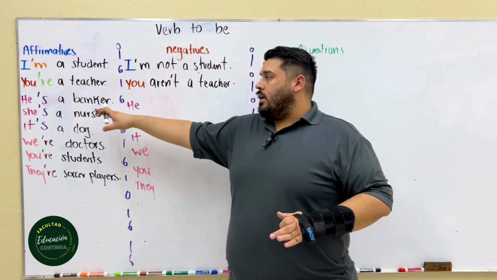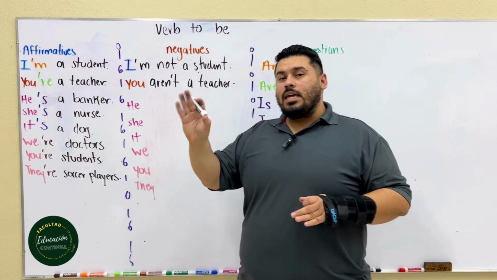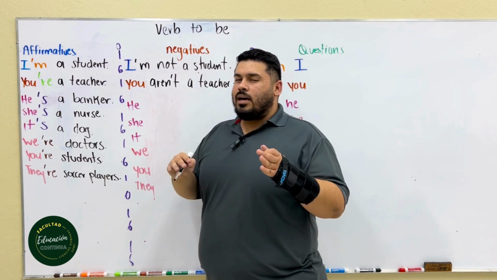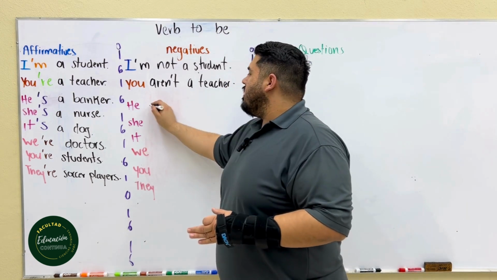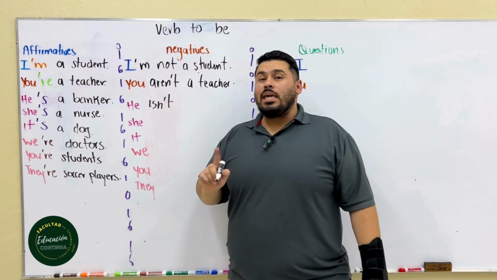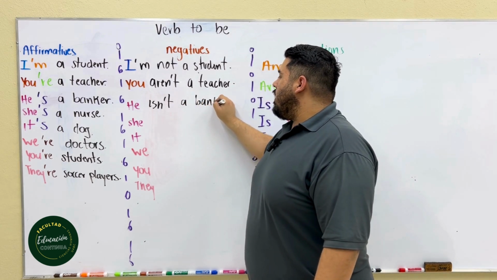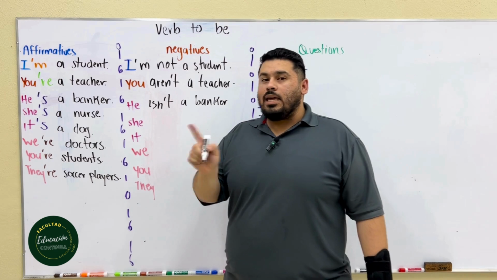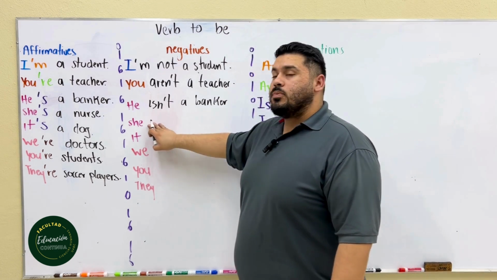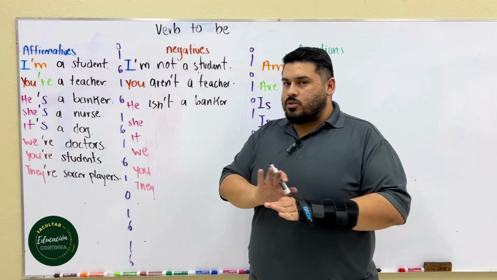Now, he is. In this situation is his. But also we have a contracted way. He is not, he's not, but the easiest way or the fastest way is going to be isn't. He isn't, okay? He isn't a banker. He isn't a banker, okay? Now we're going to say the same structure. Okay, this one, I'm going to write it down a little bit different, okay? But it's the same situation, okay?